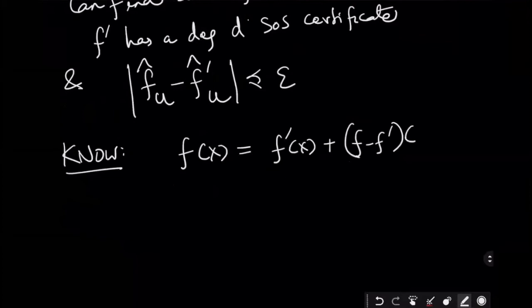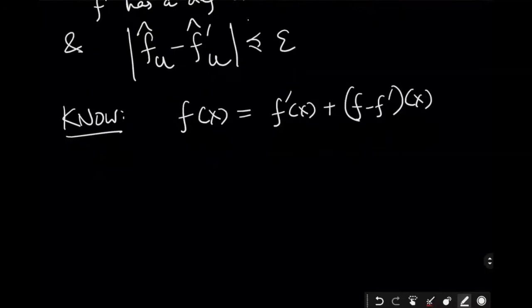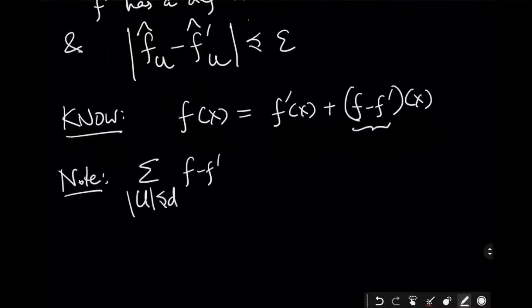So now what? Now we know that F of x equals F prime of x plus F minus F prime of x, a triviality. And now we are going to observe that F minus F prime's coefficients are tiny, right? In particular, if I sum over all u at most d the coefficients of F minus F prime, then this is at most epsilon times (n plus 1) to the d, because each of the coefficients was close up to epsilon.